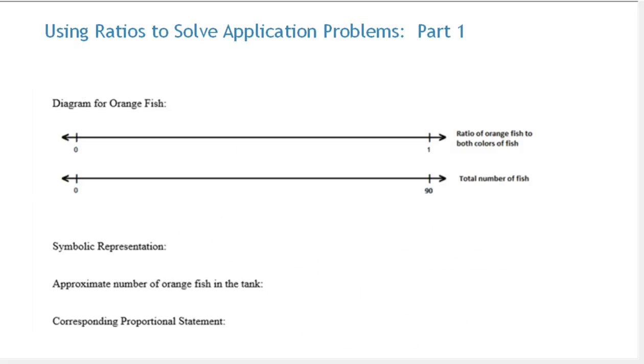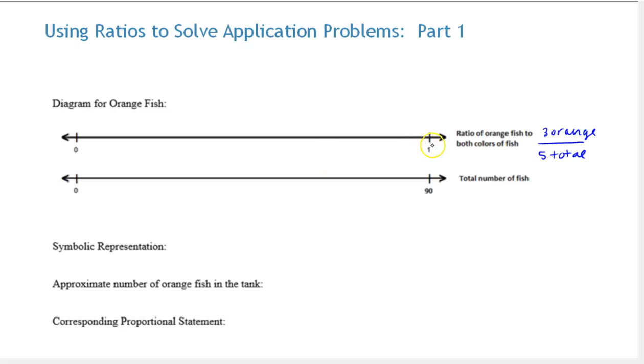Okay, now we're going to make the same type of diagram for the orange fish. So we knew that there were 3 orange fish for every 5 total fish, and we know the total number of fish is 90. Okay, and we're doing this diagram for practice. You could actually, we know the number of blue fish, we could subtract it from the total now, but let's just use this idea.